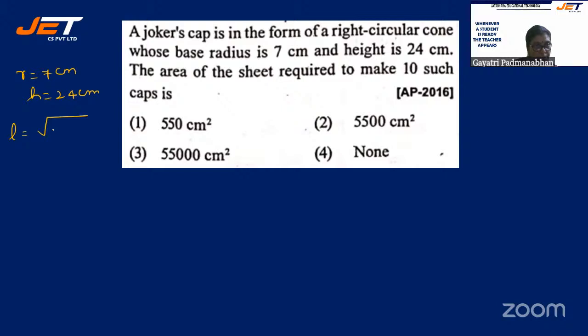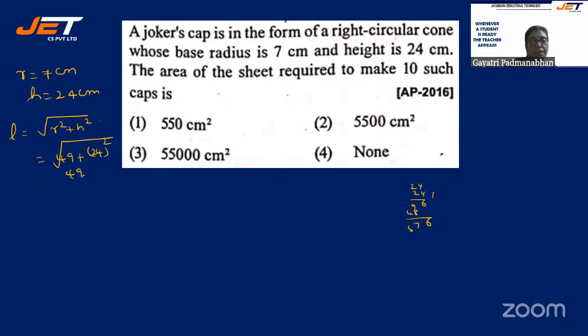Okay. So now with this, we can find the slant height. Slant height is nothing but the square root of r square plus h square, that is 49 plus 24 the whole square. So 24 into 24, isn't it? 576.